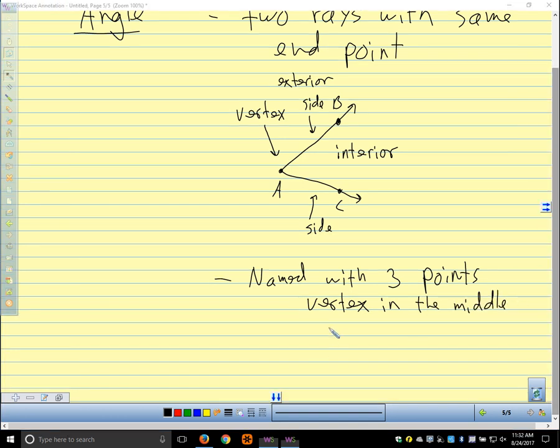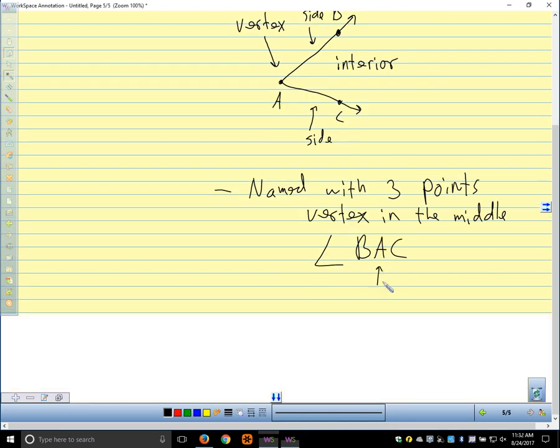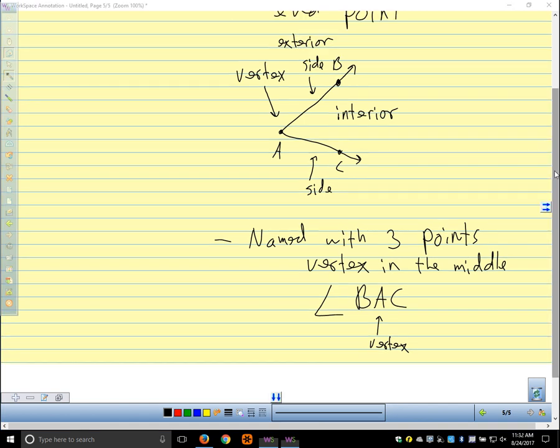So we use a little angle symbol. Angle BAC. This is the vertex. So we always put the vertex in the middle because that tells us kind of which way the angle goes.